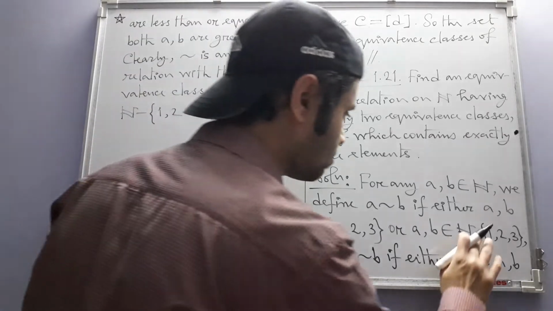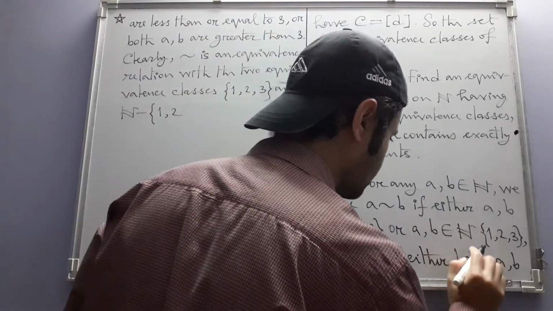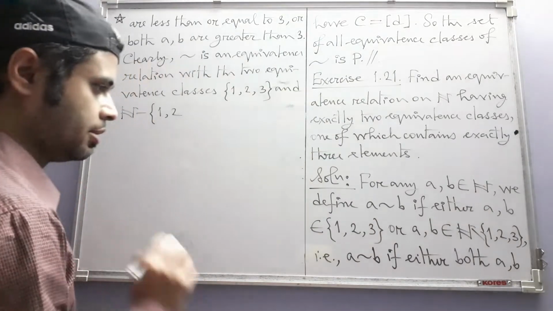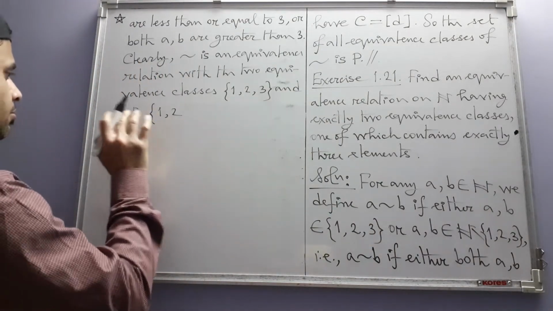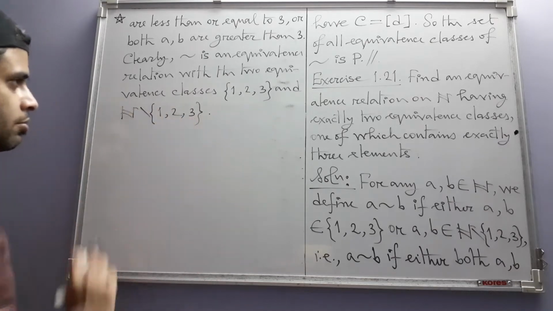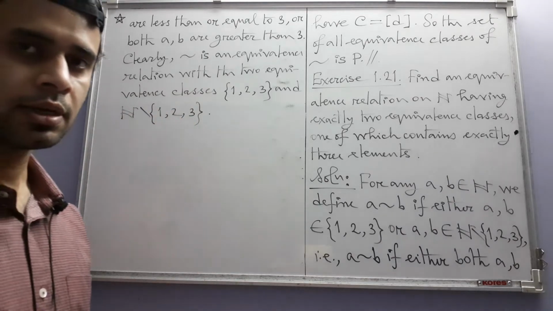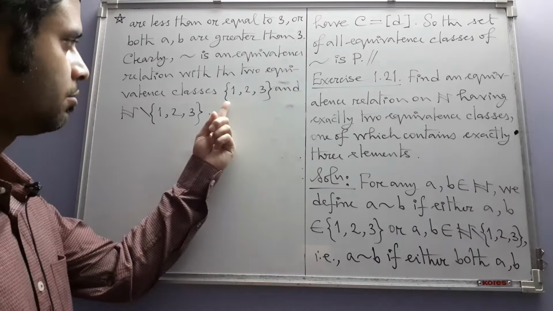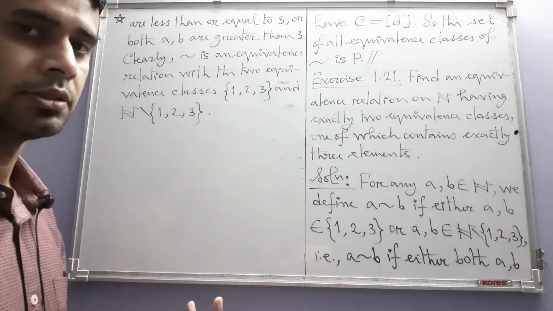Oh, in this book we are not using this notation. No? For set difference we are using this. So we have precisely two equivalence classes and one of them has exactly 3 elements. That's just it.